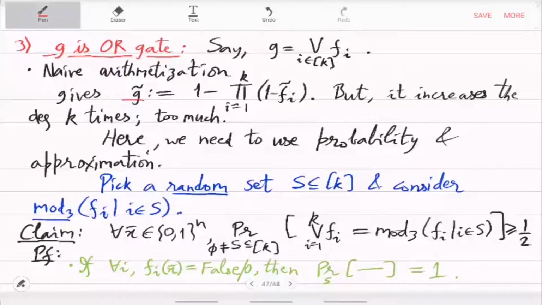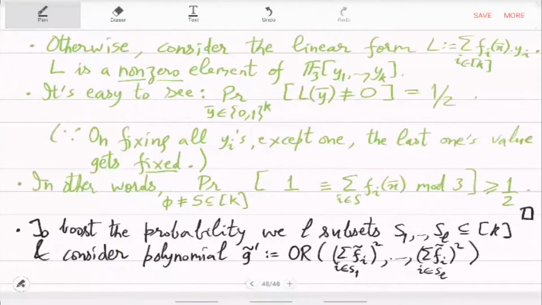Let's just remember this. So this OR is using G tilde. So use the G tilde type of definition of OR.